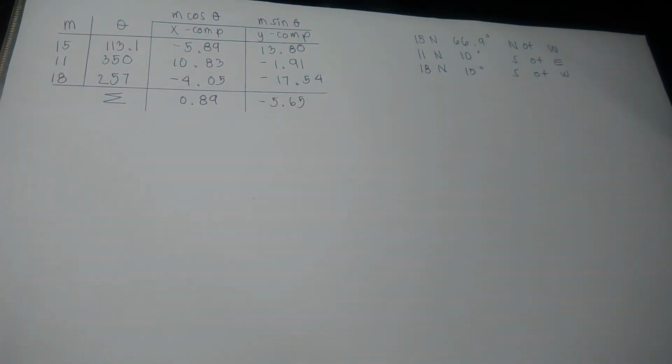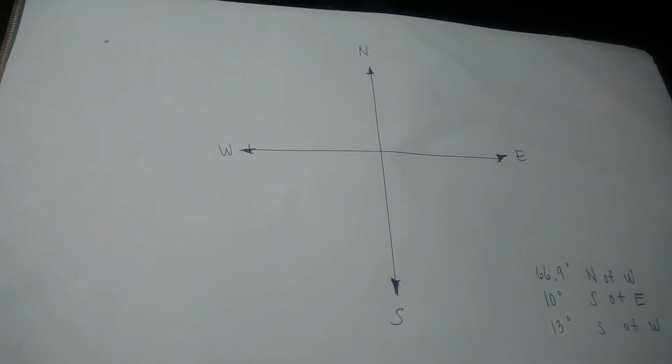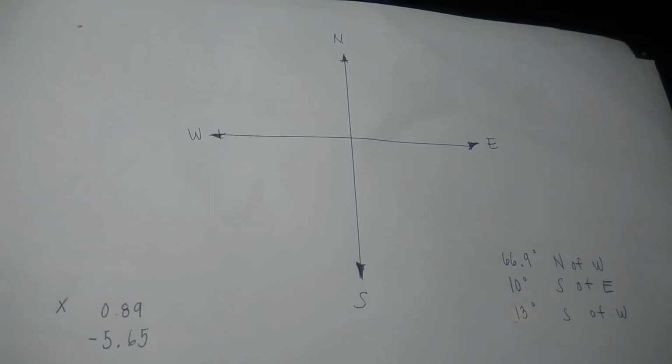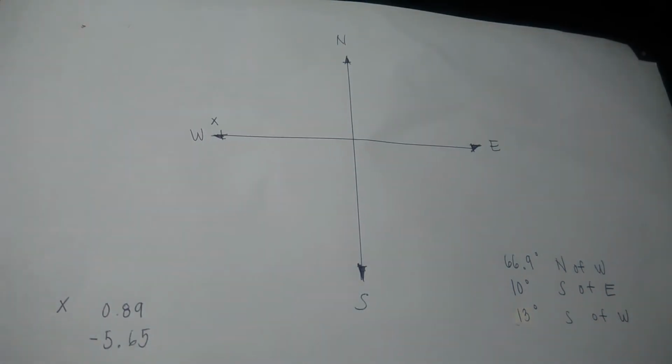Now we have to get the direction of the x and y components. So the x component is 0.89 and the y is negative 5.65. Because 0.89 is in the x-axis, it is positive.